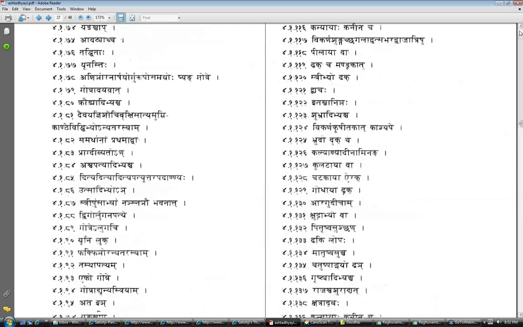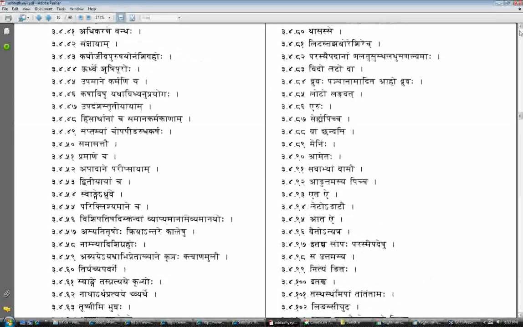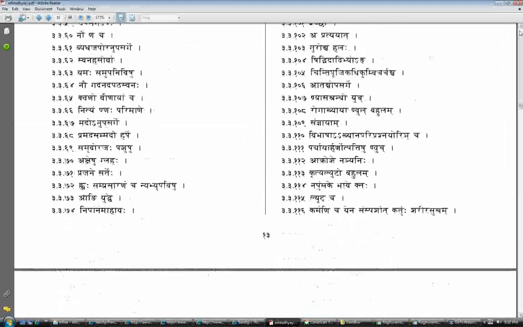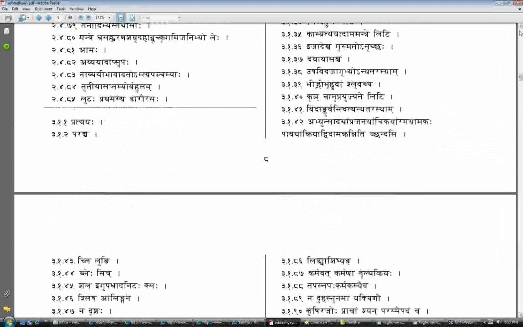Remember that. Today we learn two things. If you want to assign any vibhakti ending, you have to find a sutram in 2.3 to authorize that. If you want to form a compound, you have to find one sutram in 2.1 or 2.2 which says you can make this compound.